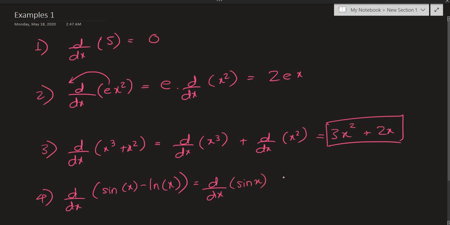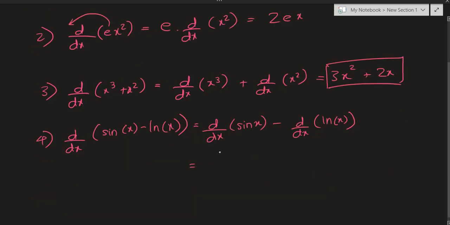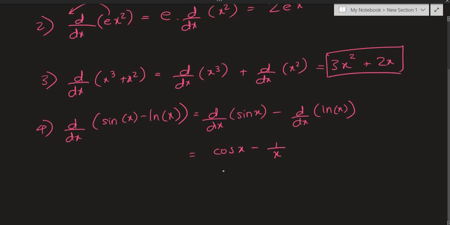So d over dx of sine of x minus the derivative of the natural log of x. If you remember, the derivative of sine of x was nothing but cosine of x, and the derivative of the natural log of x is 1 over x. Well, that was all our properties until property number 4.